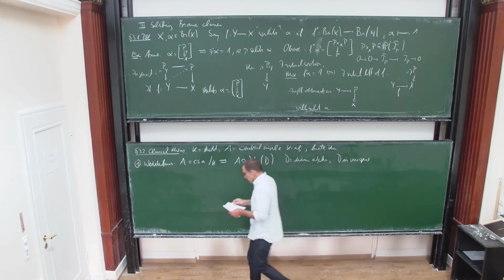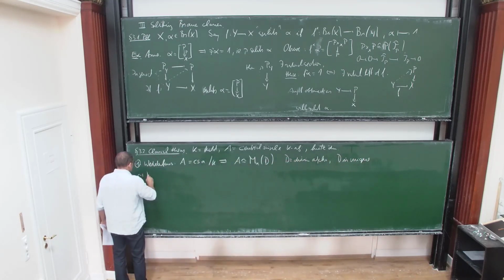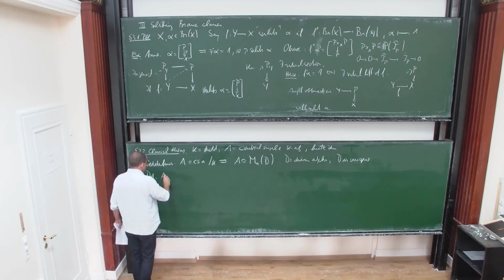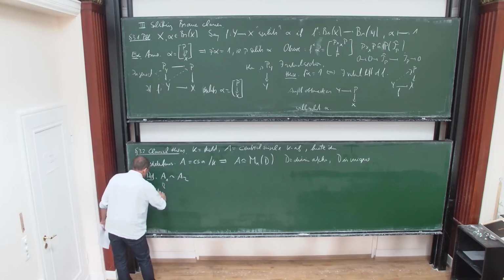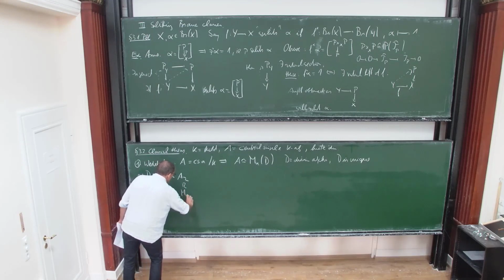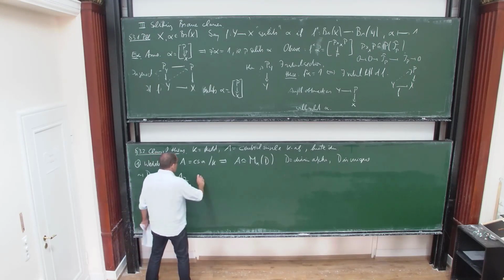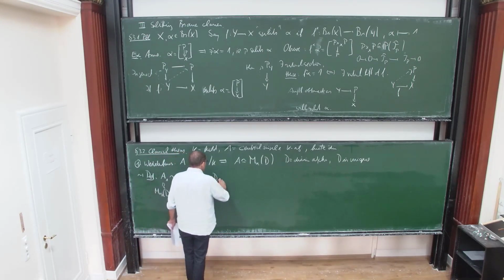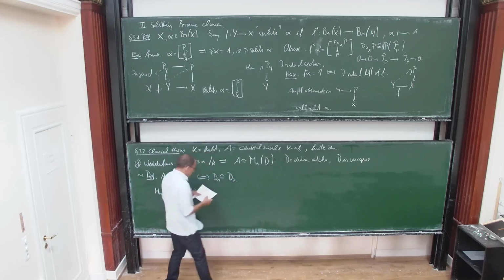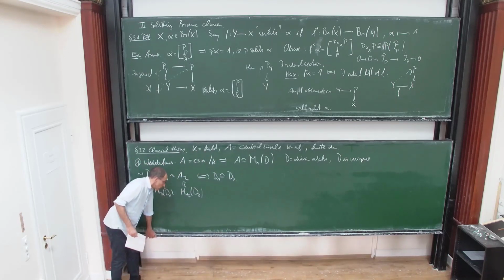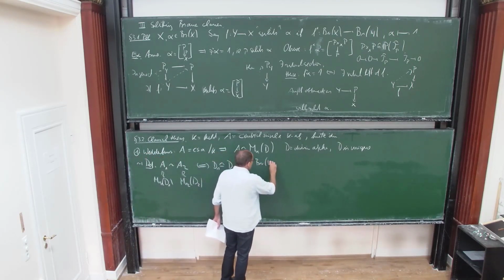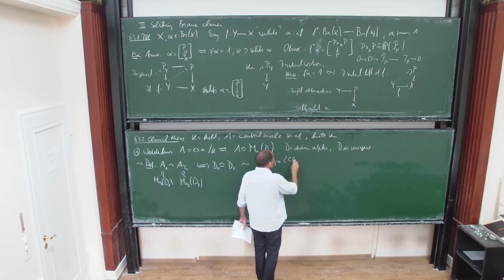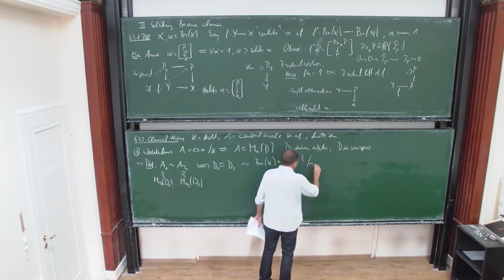So this is Wedderburn's theorem, and then one defines two algebras to be equivalent. I can write A1 as M_{n1}(D1), and A2 as M_{n2}(D2) for some other division algebra, and you find these to be equivalent if and only if the division algebras are the same. And with this definition, you can then introduce the Brauer group of K, which is the set of all central simple algebras divided by this equivalence relation.